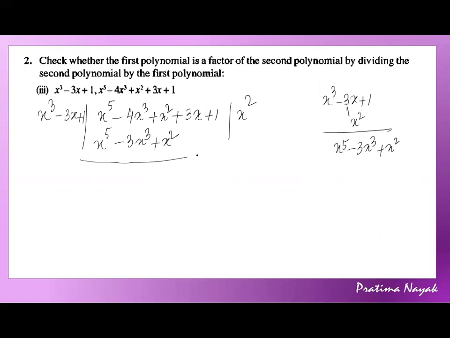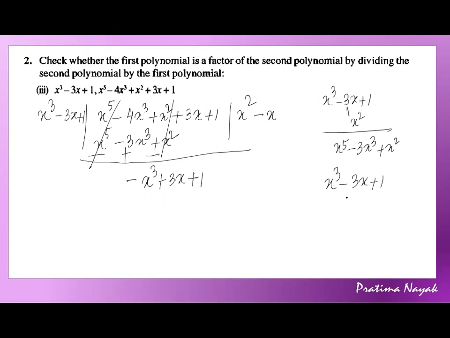Then again subtraction, sign change, this will be cancelled, and your x square is cancelled. So you are getting minus x cube plus 3x plus 1. Next I'll multiply only with minus x cube minus 3x plus 1.